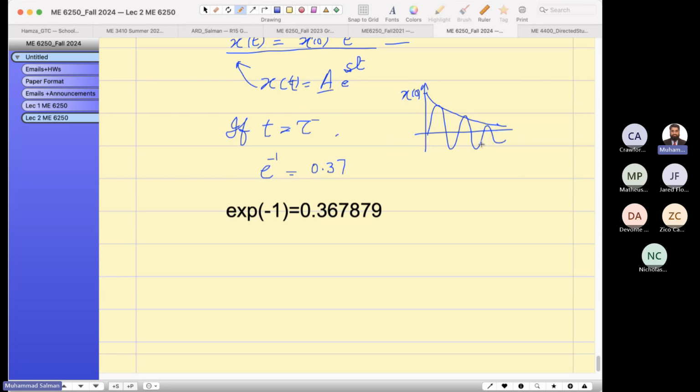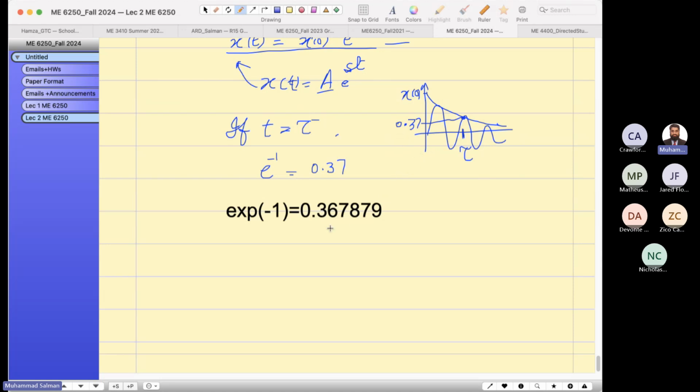Then it starts decaying its amplitude, and when it reaches a certain time, like the time constant over here, it has gone down to 0.37 of the starting initial value, which is the amplitude.